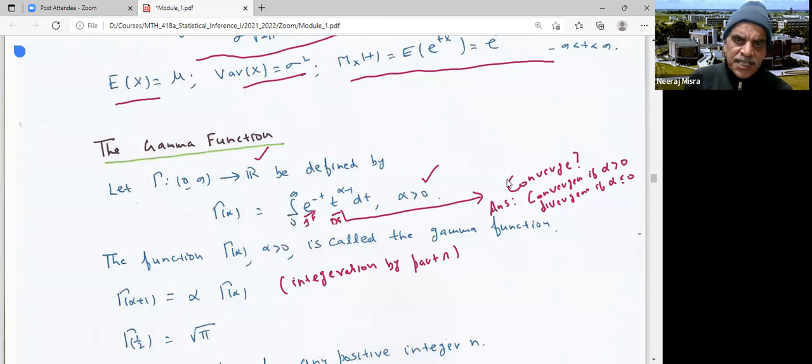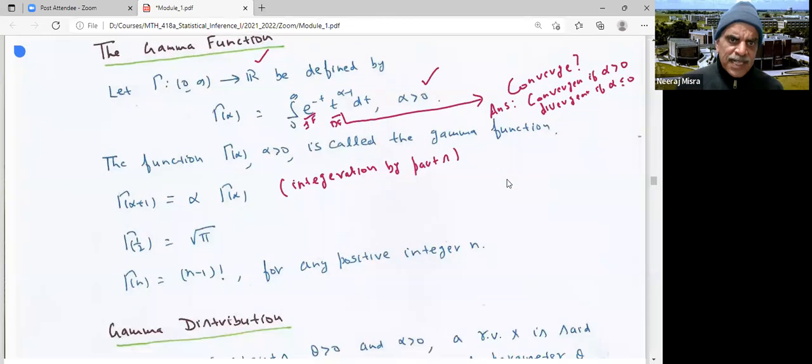Then you can reduce this integral, because the integral of e to the power minus t is minus e to the power minus t. If you use that, you can reduce this integral in terms of alpha minus 1, t to the power alpha minus 2, and e to the power minus t would remain e to the power minus t with a minus sign when you integrate it. So gamma alpha plus 1 is related to alpha gamma alpha. So that is how you do it.